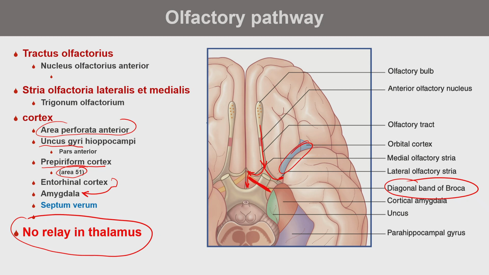Even the information, due to Papez's circle, is again conducted into the anterior part of the thalamus, the anterior nucleus, but is not relayed like the other information, like the information from tactile, like the information from proprioception, and we will see now also visual and auditory pathways which are also relayed in the thalamus some way.